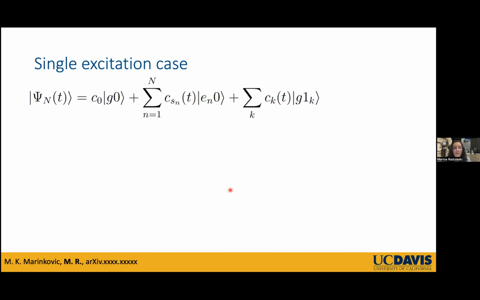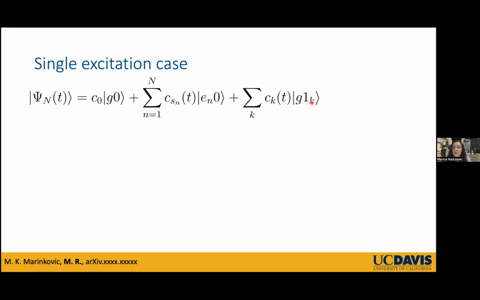For the next step, we'll limit our system to up to 1 excitation, which means that our wave function is a sum of vacuum, singly excited atoms, and singly excited bosonic modes of the environment. And if you remember, these amplitudes are what we want to study, how our system evolves in time.